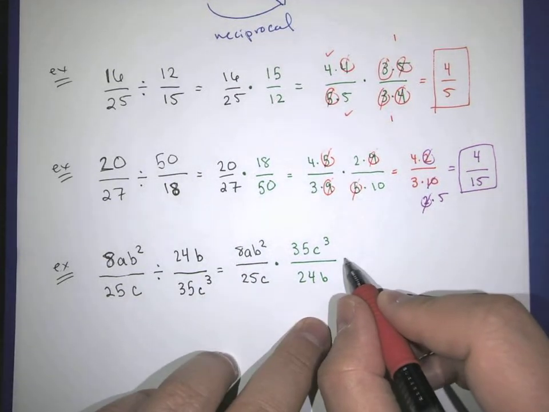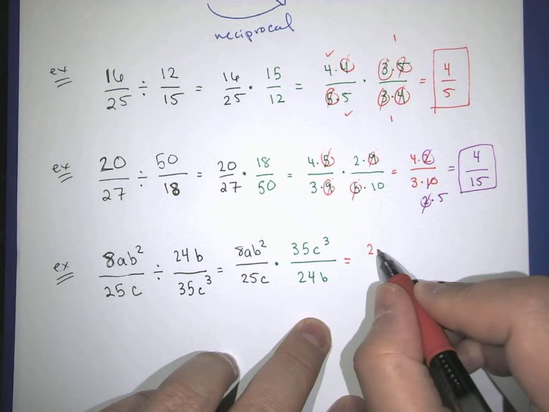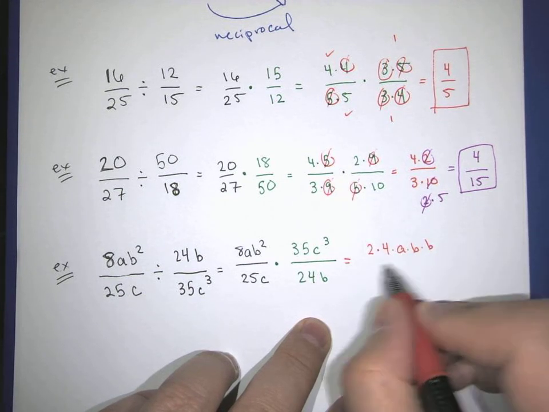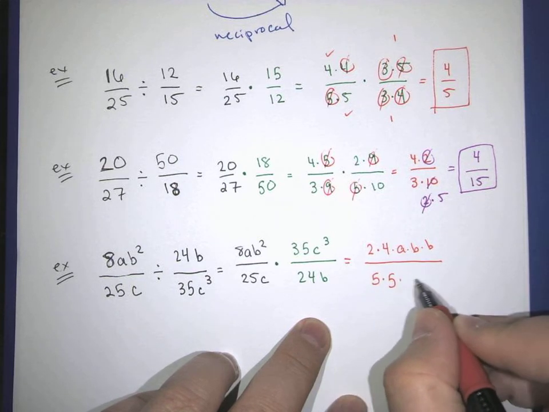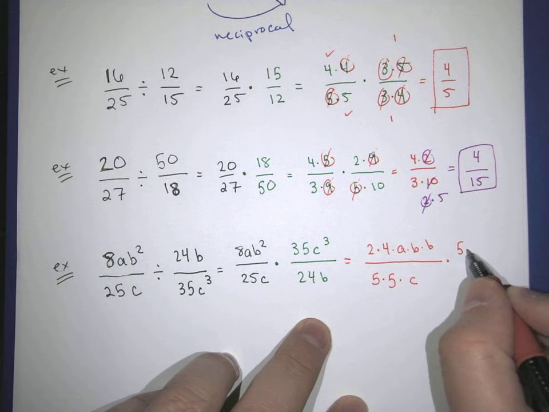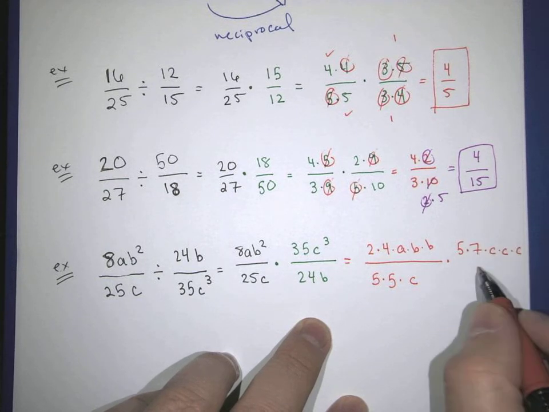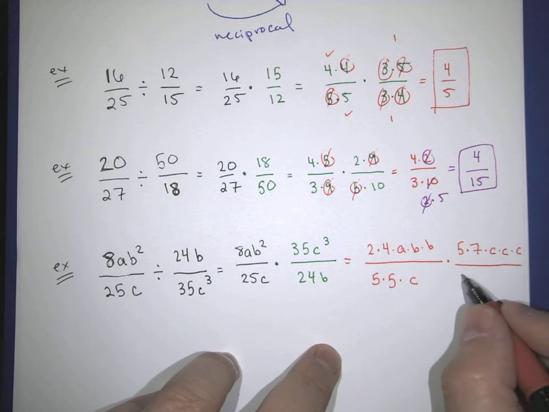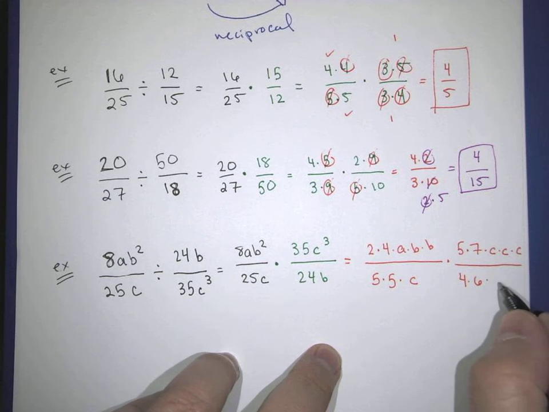Next stage would be starting to pull these guys all apart. 8A would be 2 times 4, A times B squared, A times B; 25, 5 times 5, C is C; 35, 5 times 7, C cubed, C, over 24, B. I'm sorry, 24 just B, right?